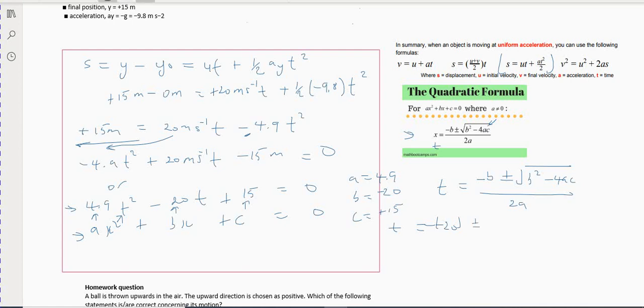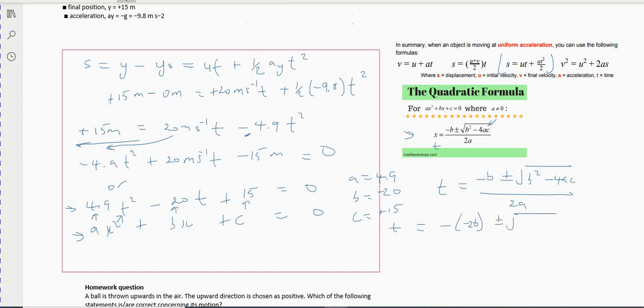Let's rewrite that properly. So we have a negative b, and we know the b value is actually negative 20. So put that in brackets.